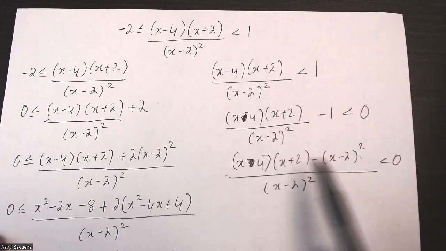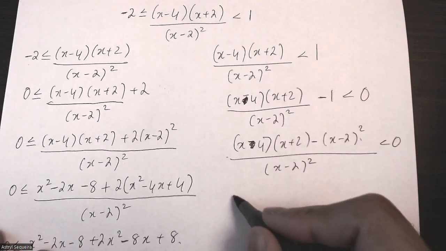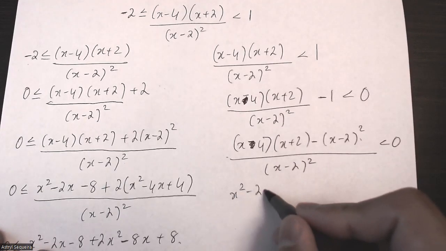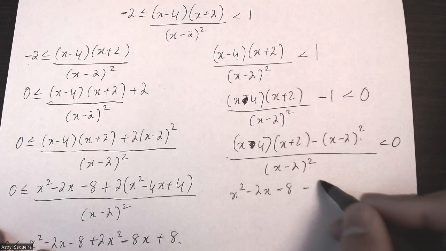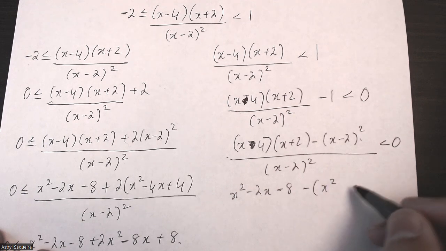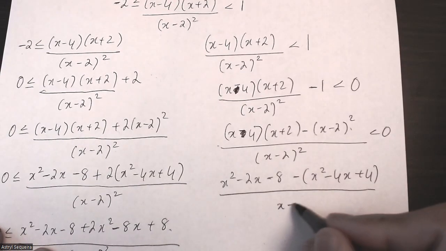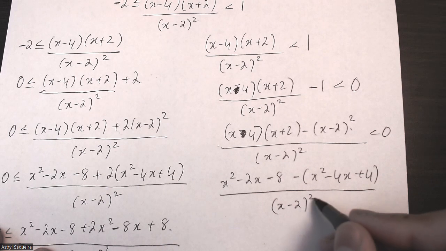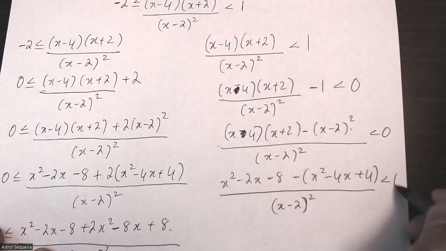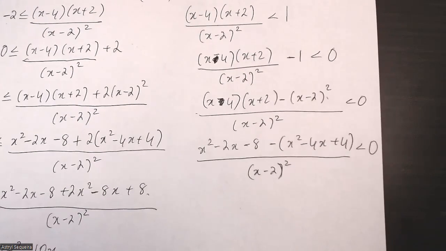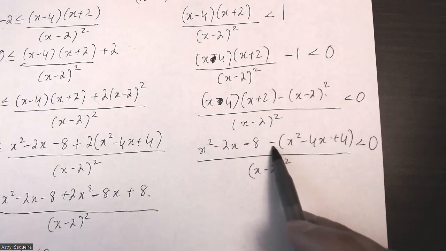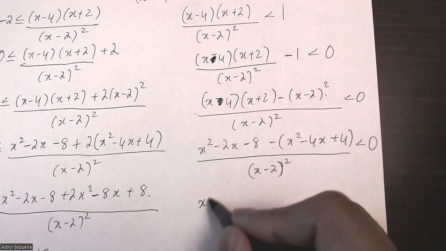Then I'll expand my two brackets out by FOIL. And now I will distribute this negative into the bracket.